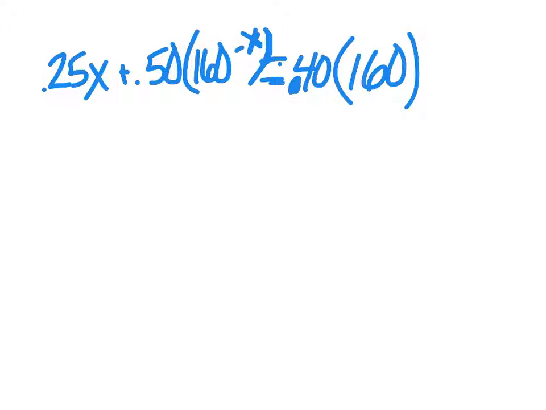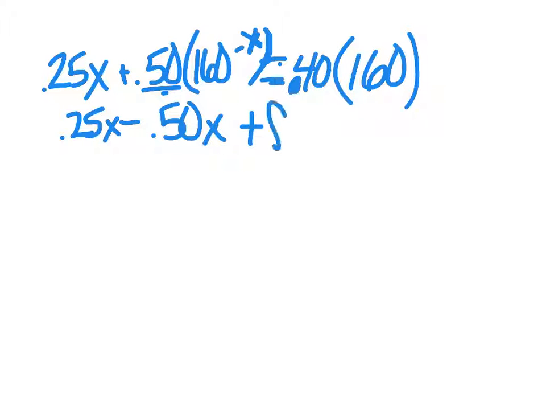So here's how it works. Again, we have 0.25x, and I know in here I'm going to get a minus 0.50x, and then I know this is just half, so half of 160, that's going to be plus 80. Alright, hopefully all that makes sense to you.